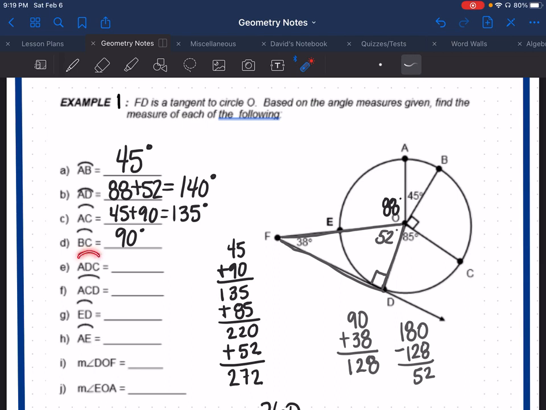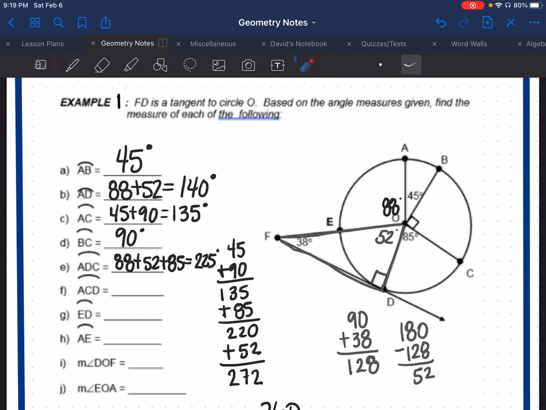ADC. Notice now we're opening up and using three letters to name the arc. They want the major arc following the letters in order from A to D ending at C. So I've got 88 plus 52 plus 85, 225. Ooh, that squeezed in there.